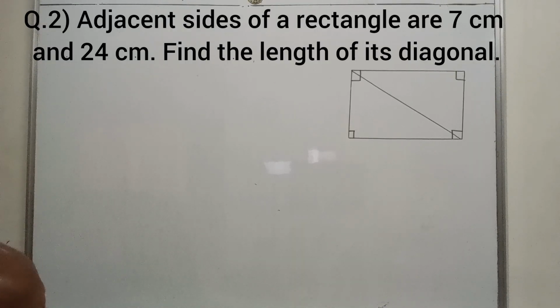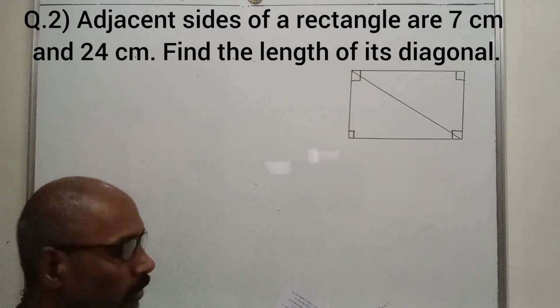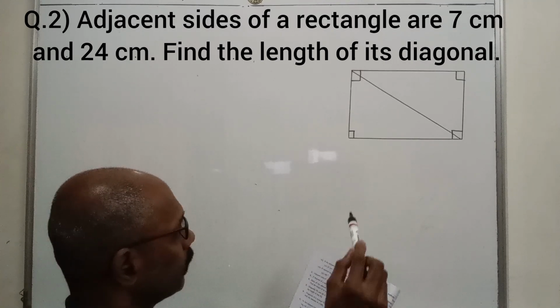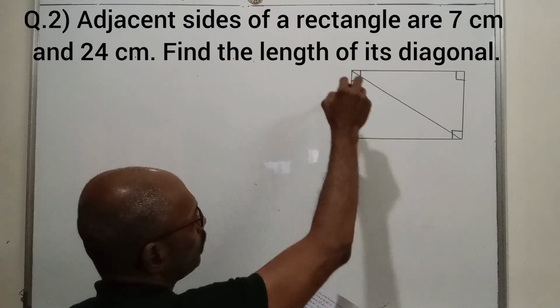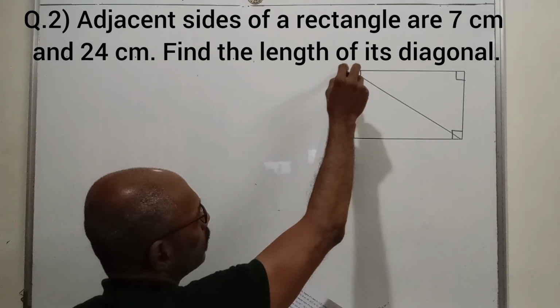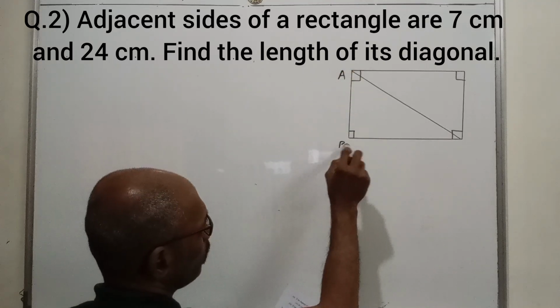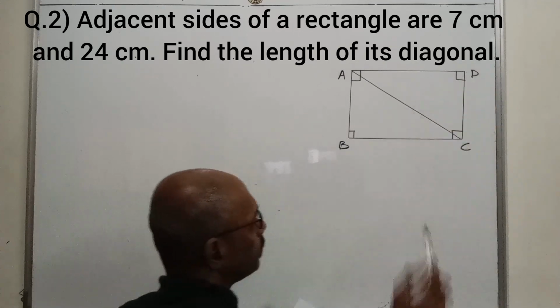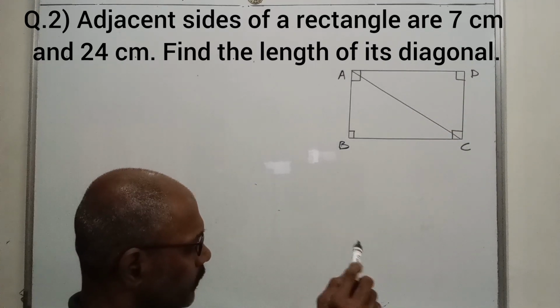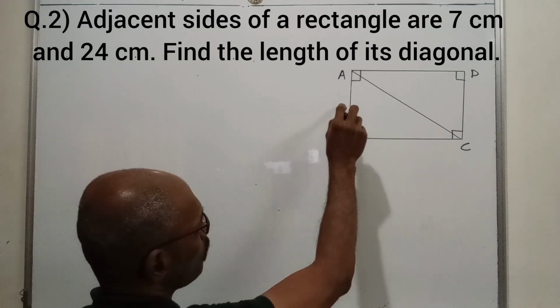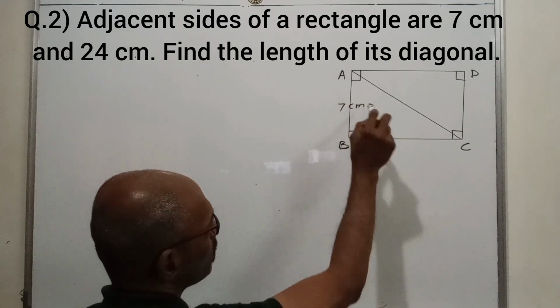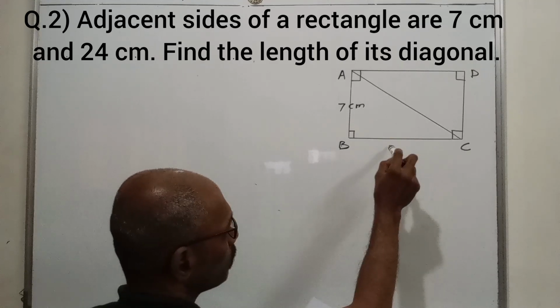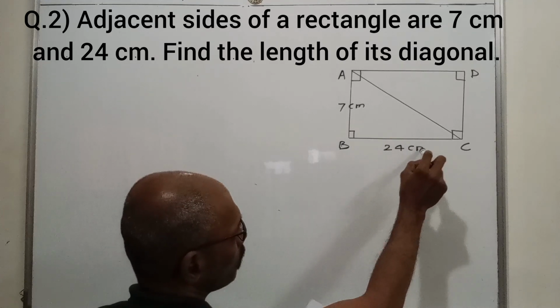Question number 2. Adjacent sides of a rectangle are 7 centimeter and 24 centimeter. Find the length of its diagonal. Now see, I will give names to this rectangle A, B, C and D. Adjacent sides of the rectangle are 7 centimeter, smaller, and greater we take 24 centimeter.